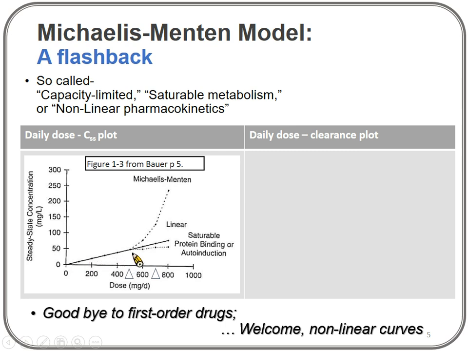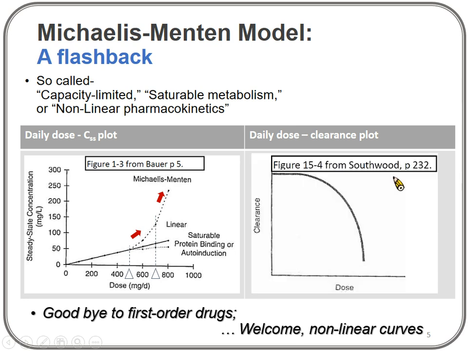However, when the dose goes larger, the concentration goes up disproportionately. That is the daily dose versus the steady-state concentration. How about the daily dose and clearance relationship? Here is the plot of that. You can see when the daily dose is still under a certain range, the clearance remains constant, just as with first-order medications.